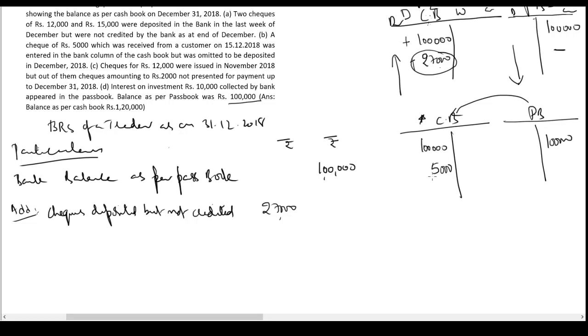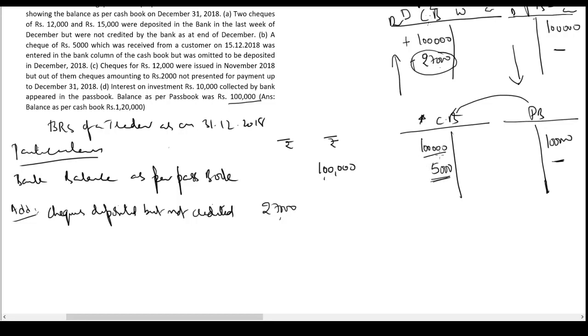We have recorded the check received from the customer, but the accountant forgot to deposit it in the bank, and till the time we deposit the check in the bank, the bank is not going to collect money on the check. So this check was never sent to the bank, so there would not be a corresponding credit in the passbook.